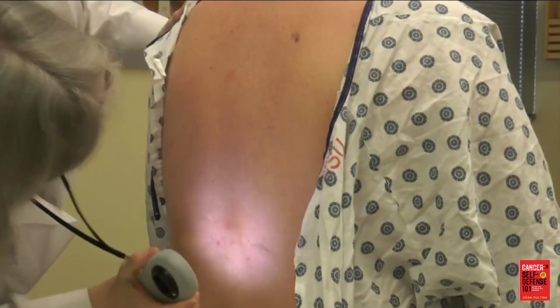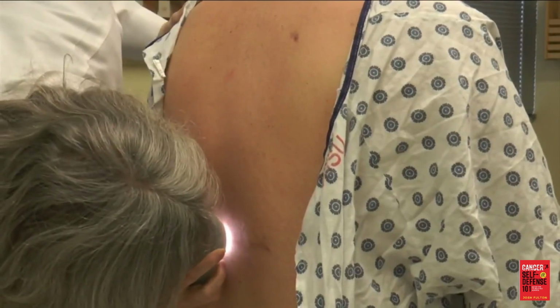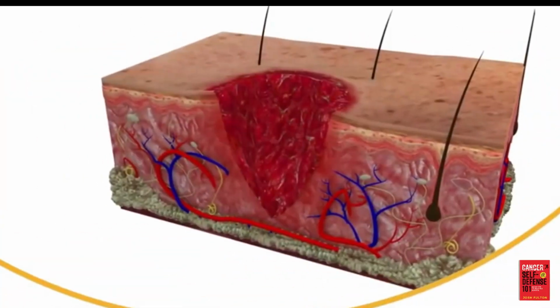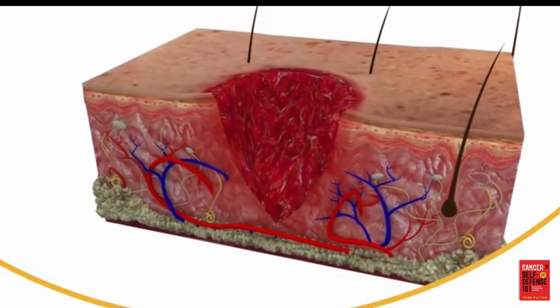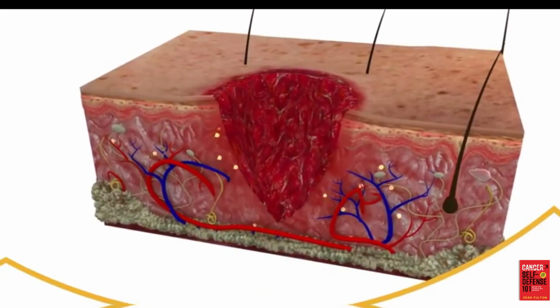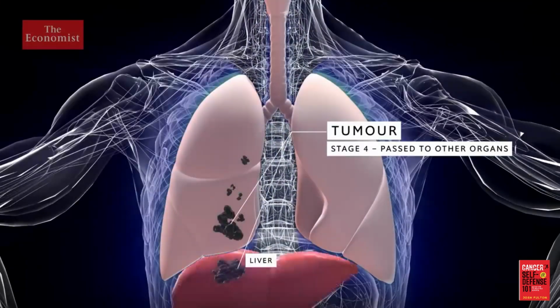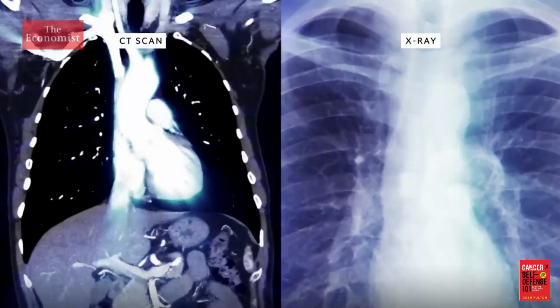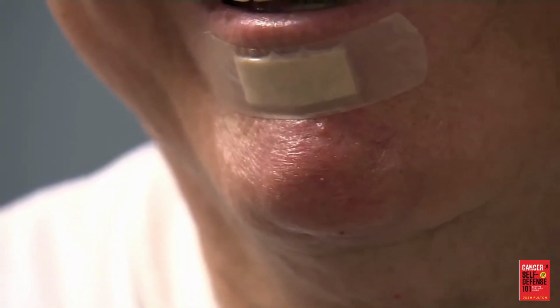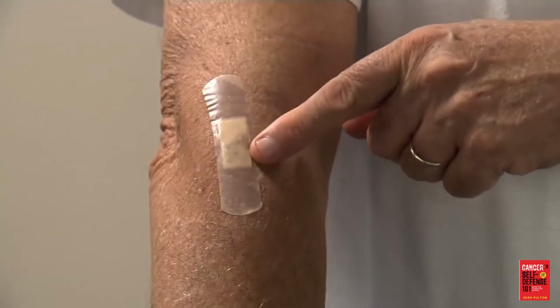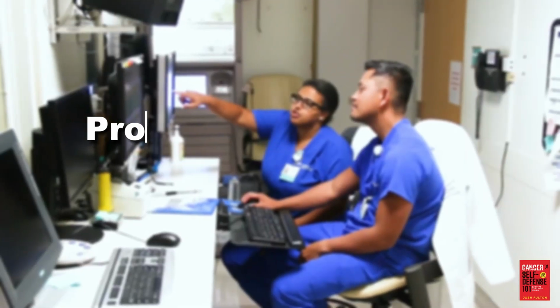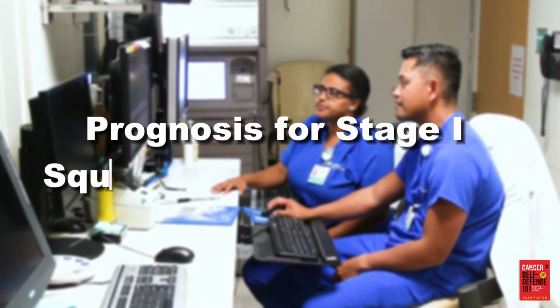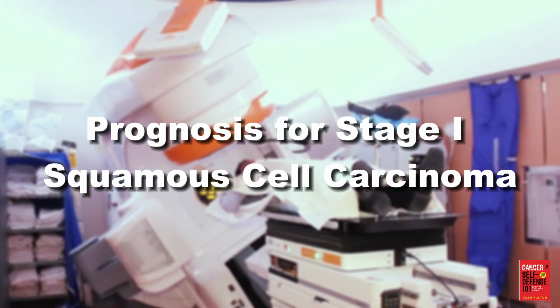However, SCC can be locally invasive if left untreated, potentially causing disfigurement and damage to surrounding tissues. While it is not as aggressive as some other cancers, early detection and treatment are essential to prevent complications and ensure a good prognosis.